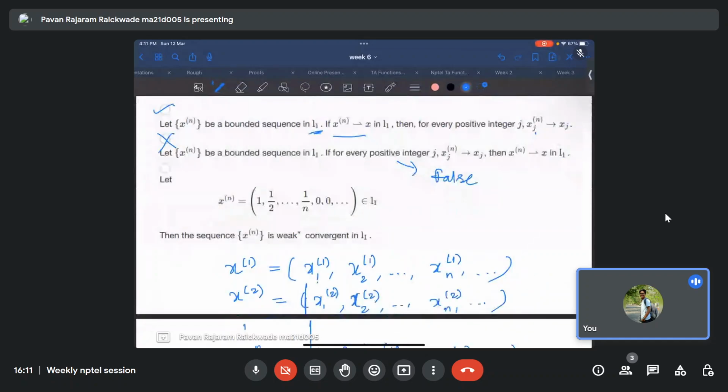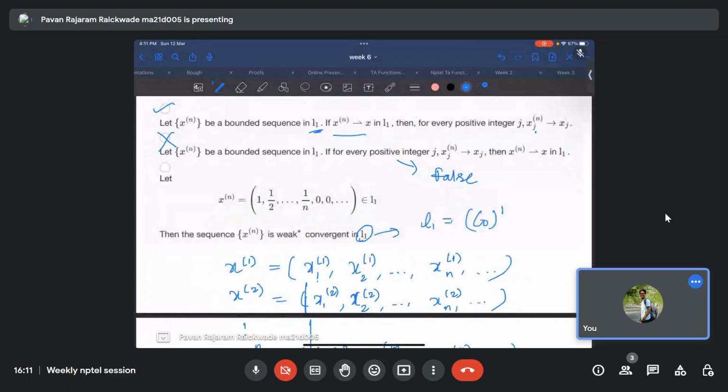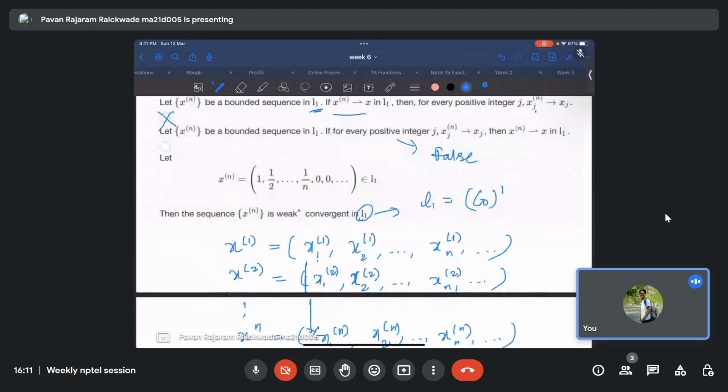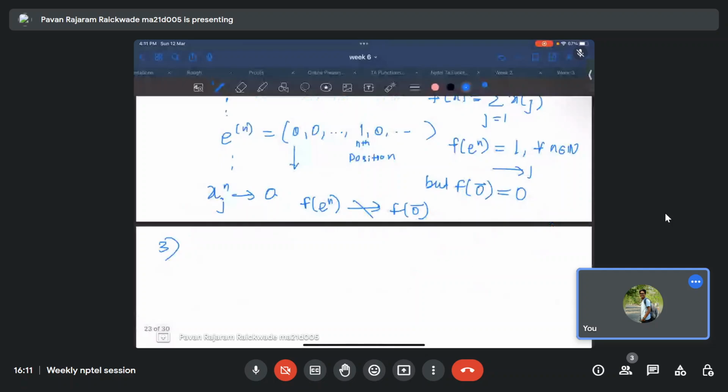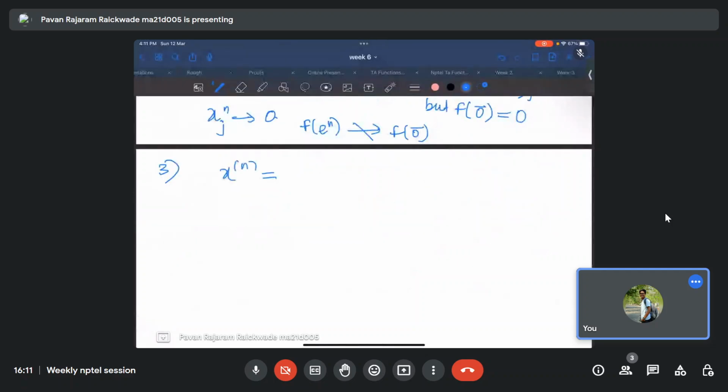When you talk about weak star topology on a vector space, you can think of that topology as a dual of some other topology, because the weak star topology is given on a dual of a vector space. So when I say L1, I'm describing it as a dual of C naught. So now the meaning of this Xn also changes somehow. This Xn is the sequence 1, 1 by n.